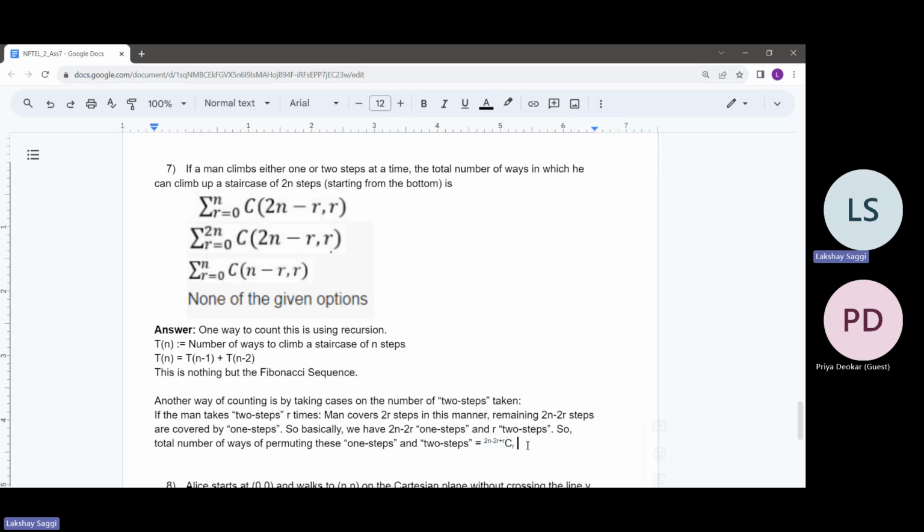And why is this the case? I'll just put it in parentheses.